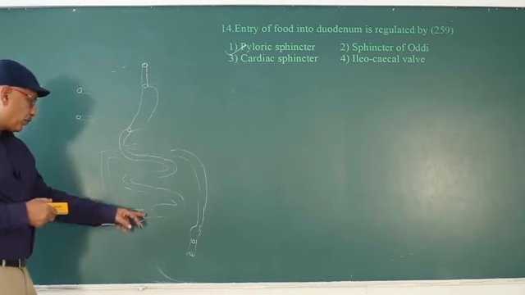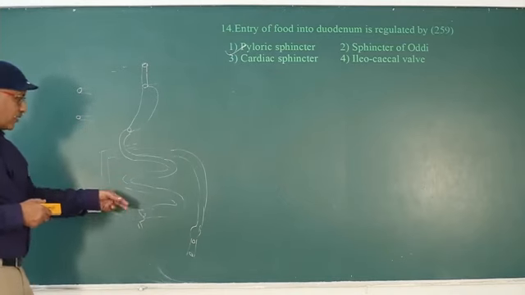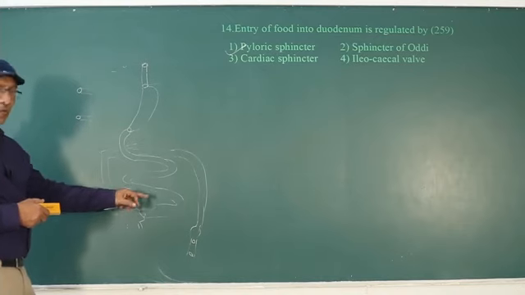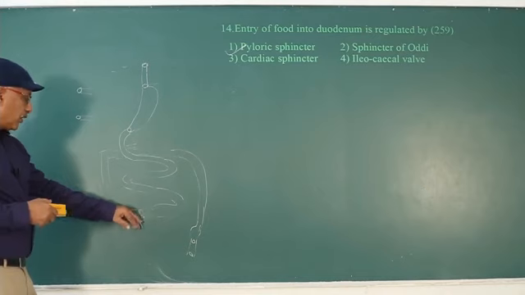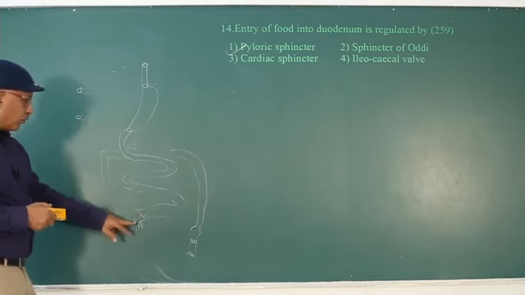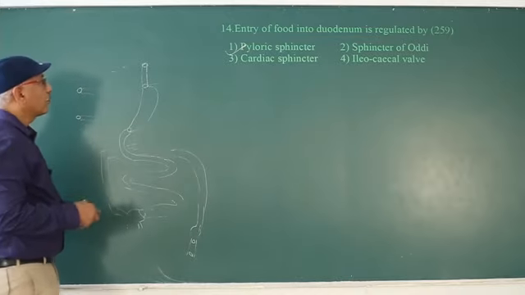Between the ileum and cecum, one valve and one sphincter are present, the ileocecal valve and ileocecal sphincter, which prevent the backward flow of food from the cecum into the ileum.